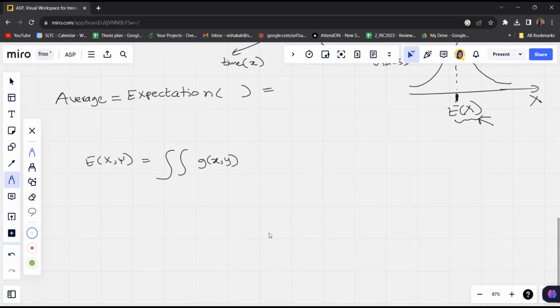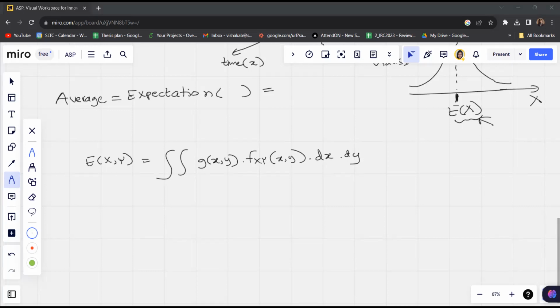Therefore, we put the function of x and y, then take the multiplication with its joint probability density function of x and y, and integrate over both dx and dy. That would be the general description for multiple random variables.